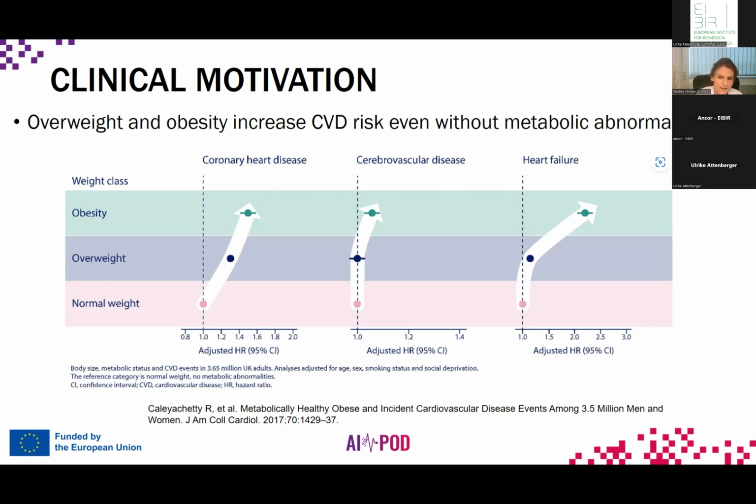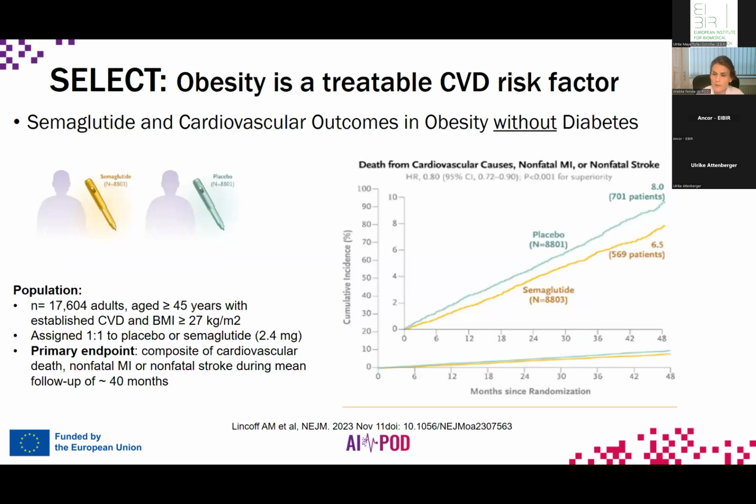And importantly, we have learned in the recent past from large population studies that this association, this inherent risk, exists already years before diabetes or other cardiometabolic abnormalities like hypertension, dyslipidemia, or insulin resistance have become apparent. And therefore, this indicates that for many patients with overweight and obesity, the development of cardiovascular disease is just a matter of time, right?